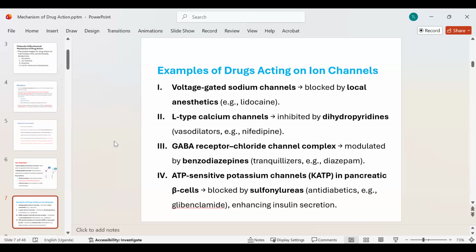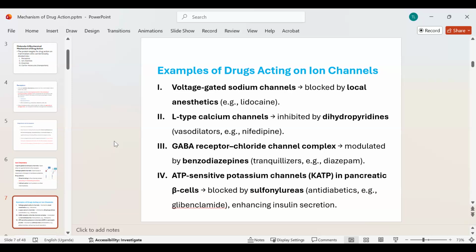Okay, so these can also. That's why I told you that you'll find quite a number of books talking about these ion channels as receptors, or the receptors where drugs like amlodipine, nifedipine, felodipine work.